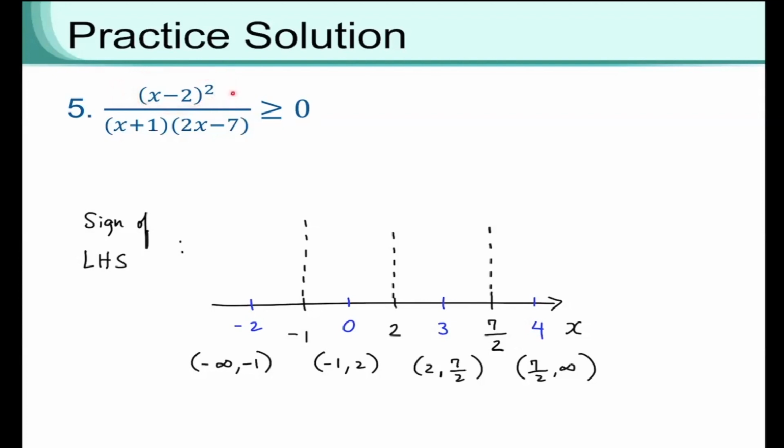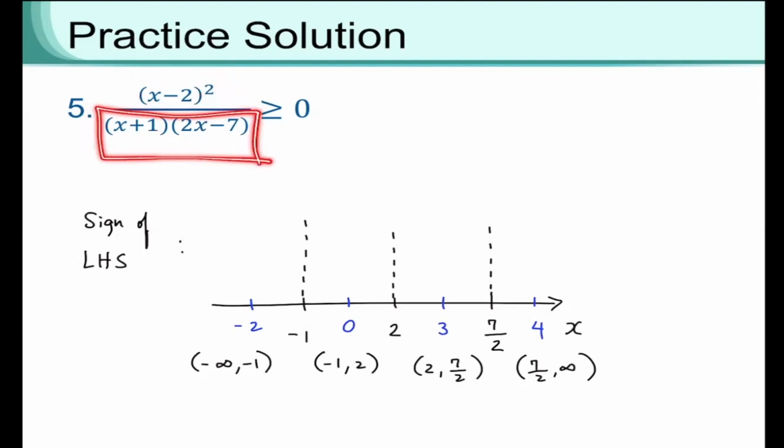So since this is always positive, when you're looking for the sign of the left-hand side, you may just ignore this numerator here. So just find the sign of the denominator because the numerator is always positive, whatever the value of x here. So just focus on the denominator.